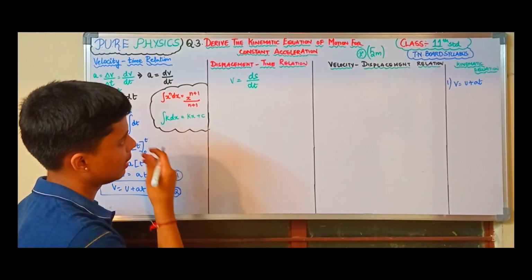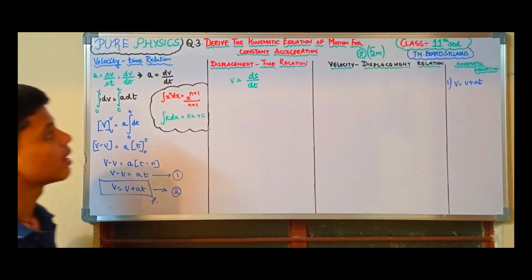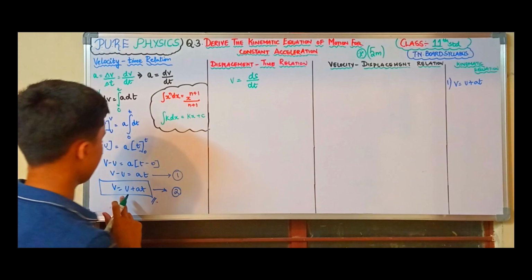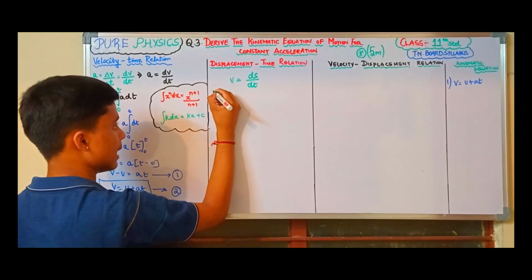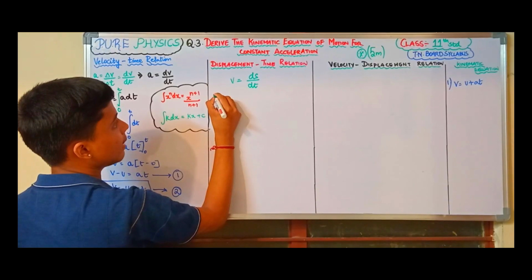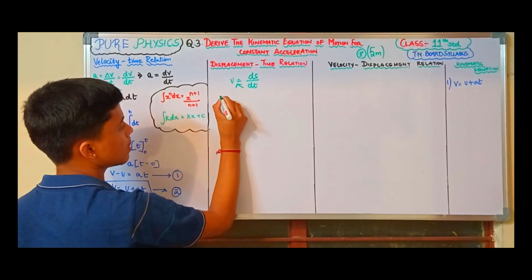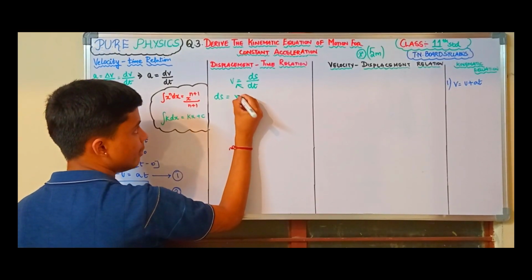Now what I will do here is, in the place of v I'm going to substitute u plus at. Before doing that I will transpose this dt to the left hand side, so that I get ds is equal to v dt.